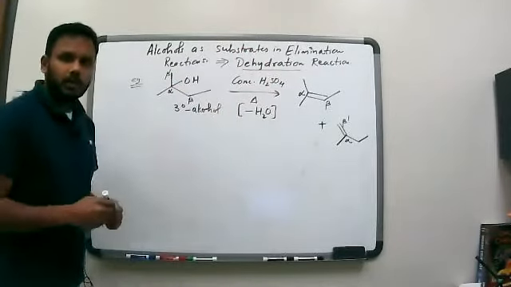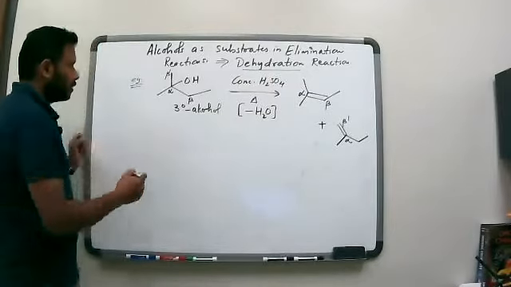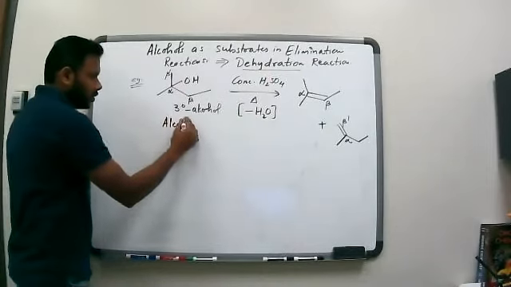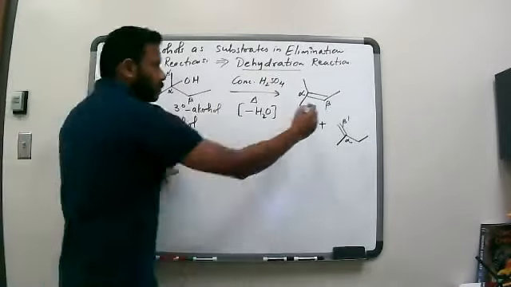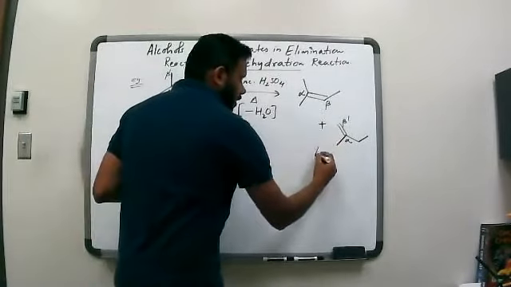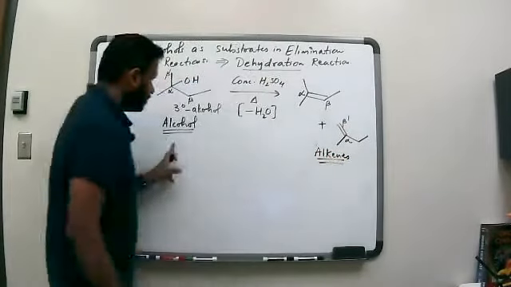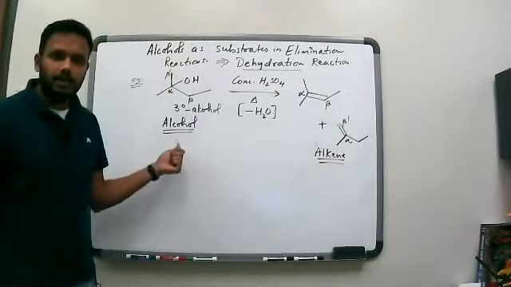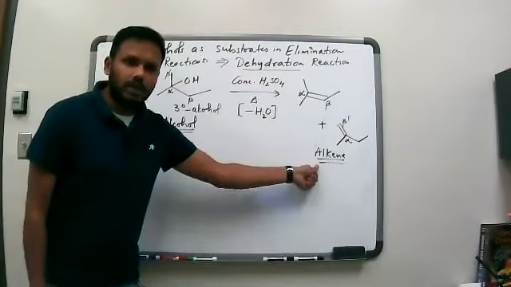Important things that you want to note down: our starting material here is an alcohol, and our products are alkenes. What a dehydration reaction does is convert an alcohol into an alkene.